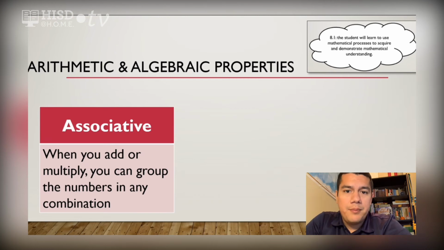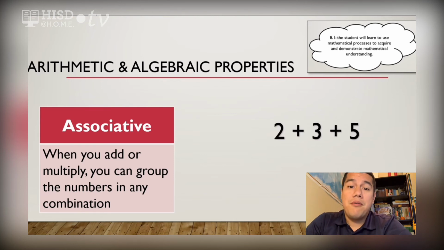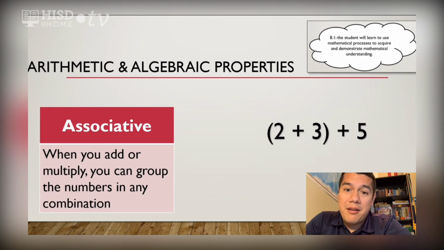Let's see an example. If I have the expression 2 plus 3 plus 5, according to our associative property, I can combine these in any way and it will give me the same result. So let's see if it's true. I'm going to start with the addition of 2 plus 3, and that of course gives me 5.